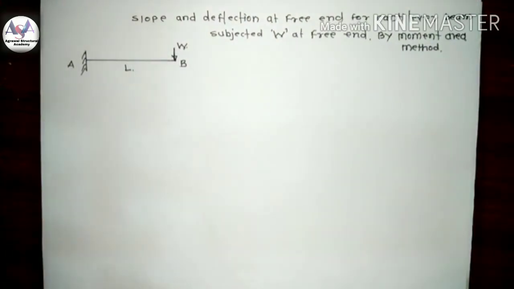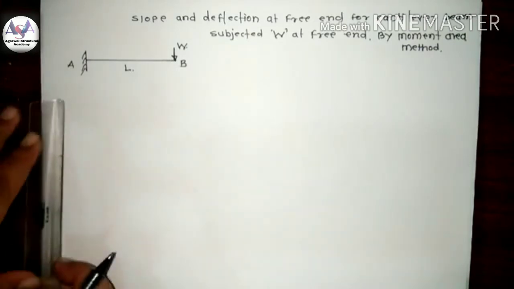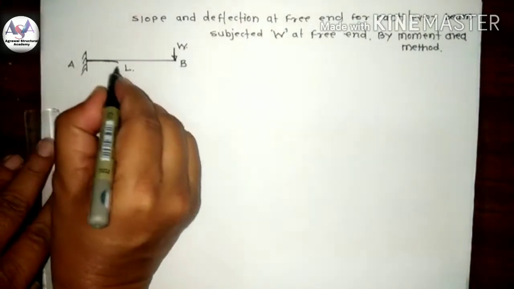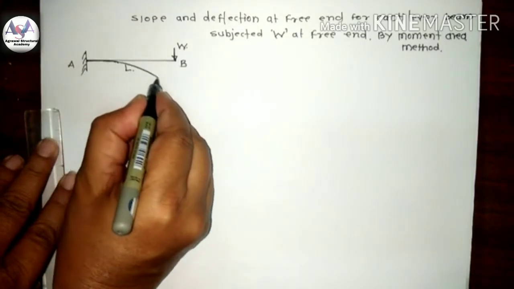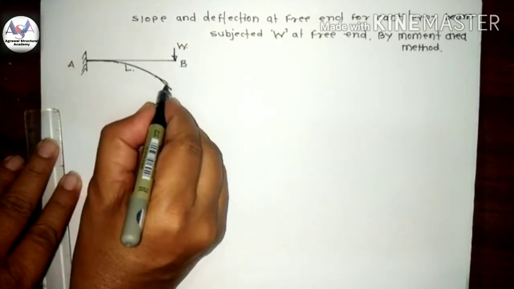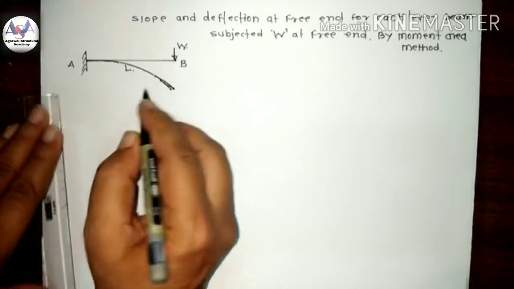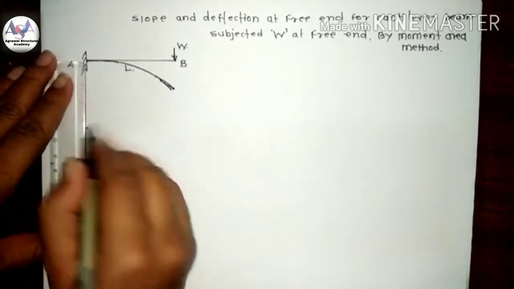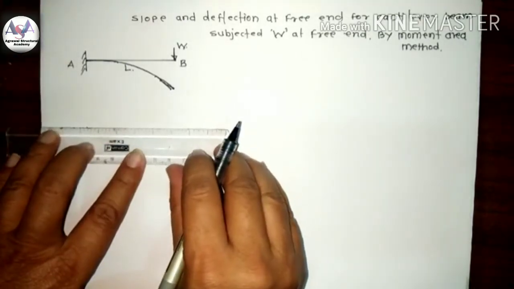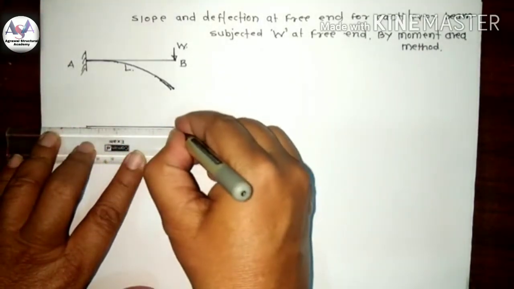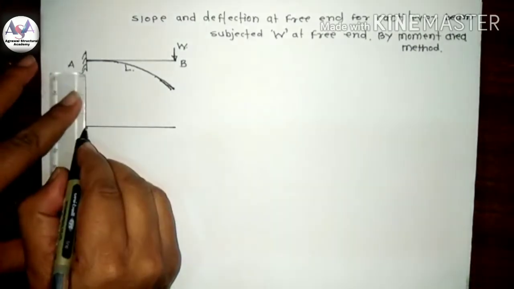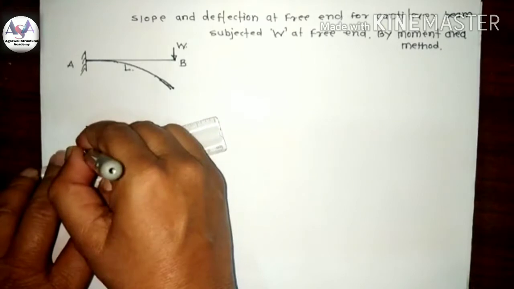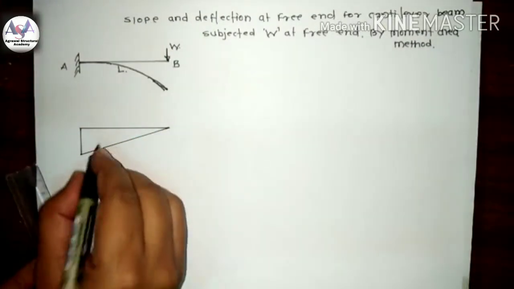For the moment area method, we will draw the deflected shape here. Suppose this is the deflected shape. Also draw the bending moment diagram for this beam. The BMD is like this, and that moment is hogging, that is a minus.